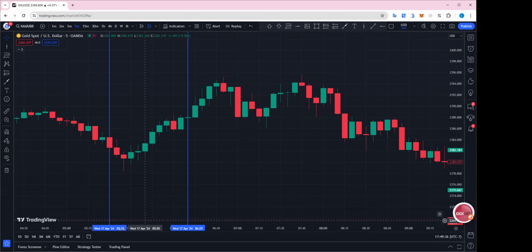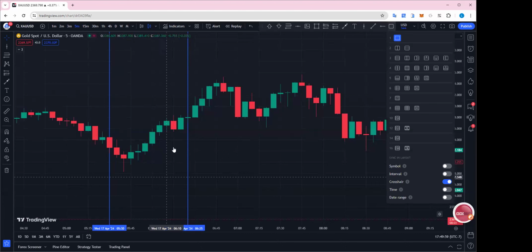Remember, this is the time when the candle starts to form. Since we are at the 5-minute time frame, if it starts at 6:25, it's going to end at 6:30. So that way, this area that we have delimited is from 5:30 to 6:30.